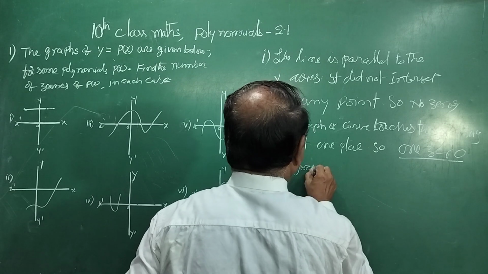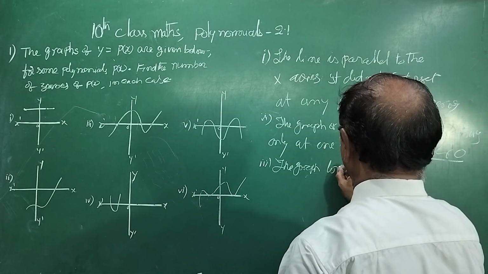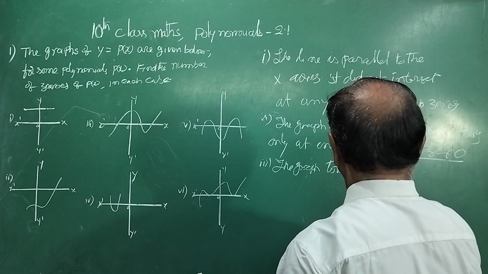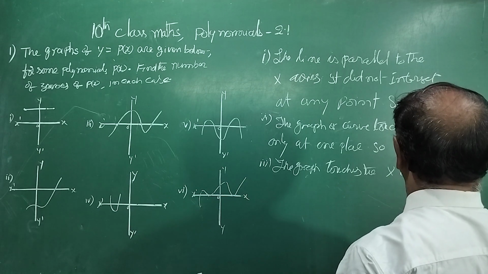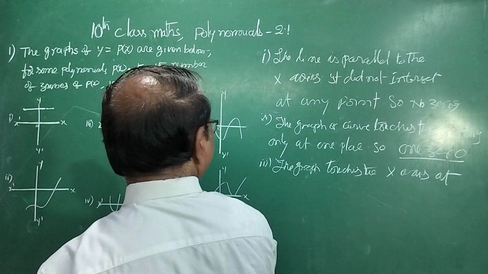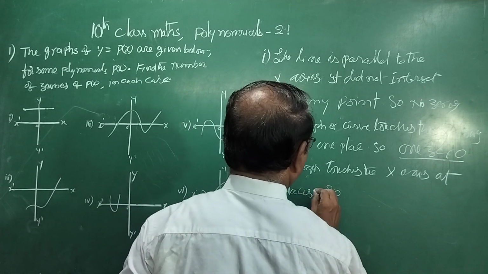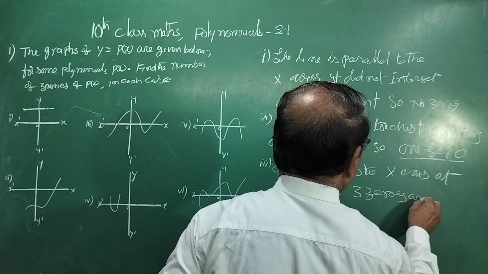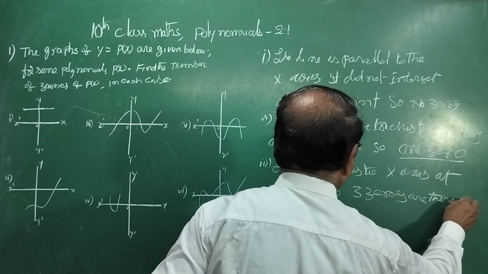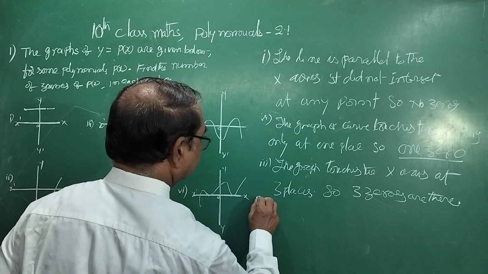The graph touches the x-axis at 3 places. So 3 zeros are there.